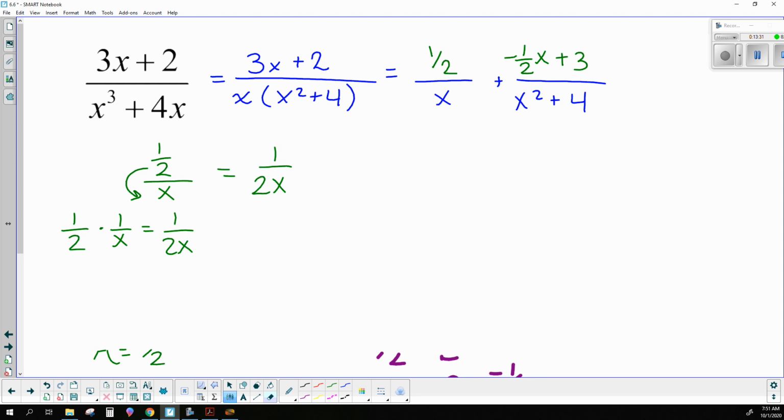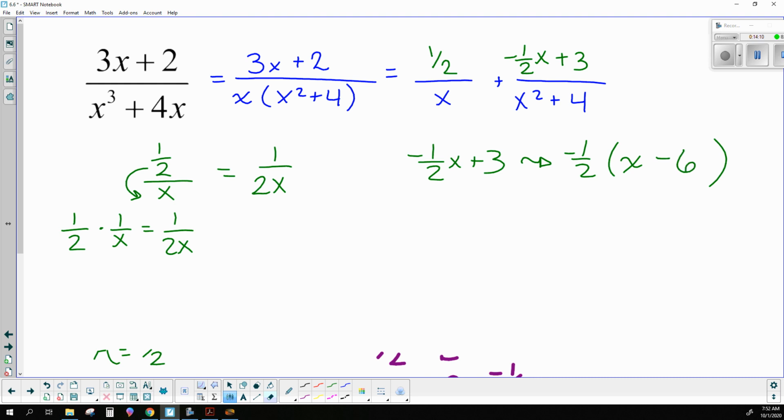Now the second one's a little complicated because I have these pluses in it, so it kind of messes me up a little bit. However, if I take the numerator of that second equation and I take a greatest common factor out of that, I'm going to factor out a negative 1/2, which is going to leave me a positive x and a negative 6, right?